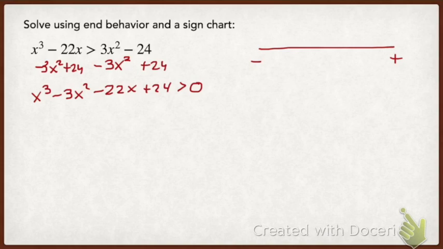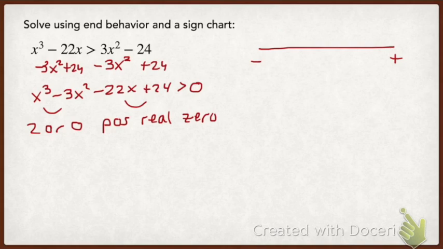So if we just do the Descartes rule of signs, we have a sign change and a sign change. We have 2 or 0 positive real zeros. And if we check for negatives, I'm just going to do f of negative x. We're just looking for sign changes.